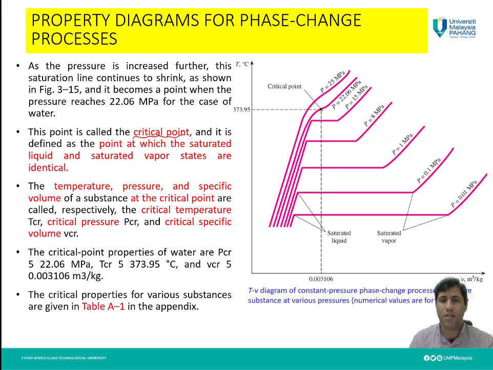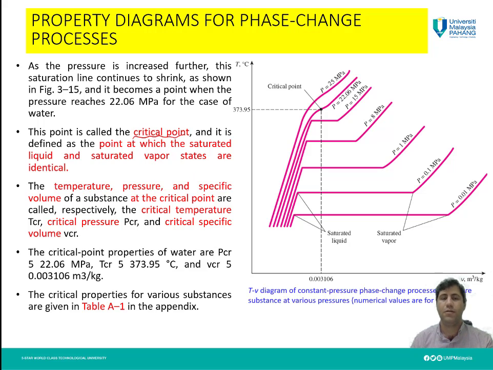In other words, at this point any increase in energy will cause phase change. Here we have a liquid which is about to evaporate, and also a vapor which is about to condense. So instead of a line, we have a point, and at this point we have both saturated vapor and saturated liquid.